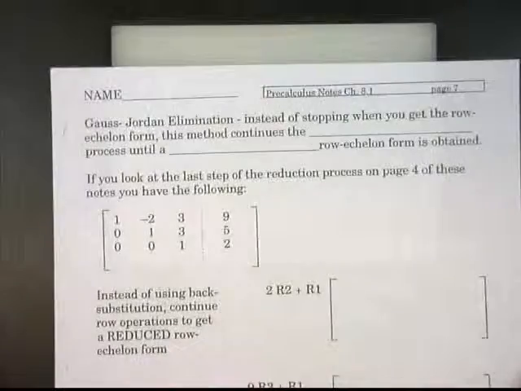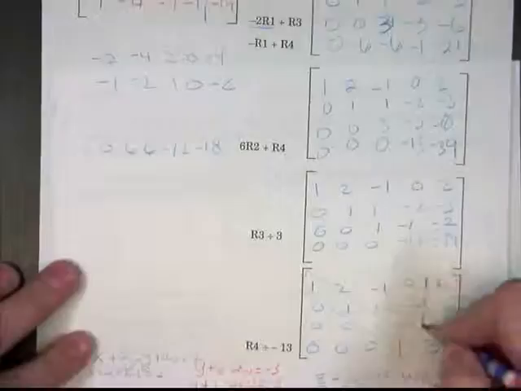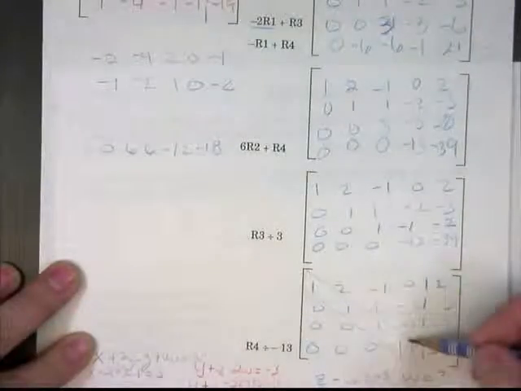So on the last page here, the Gauss-Jordan elimination, instead of stopping when you get to the row echelon form, so instead of stopping here, because this is row echelon form, we're going to go so that we get not only 1s on the diagonal, but we're going to get 0s above the diagonal.